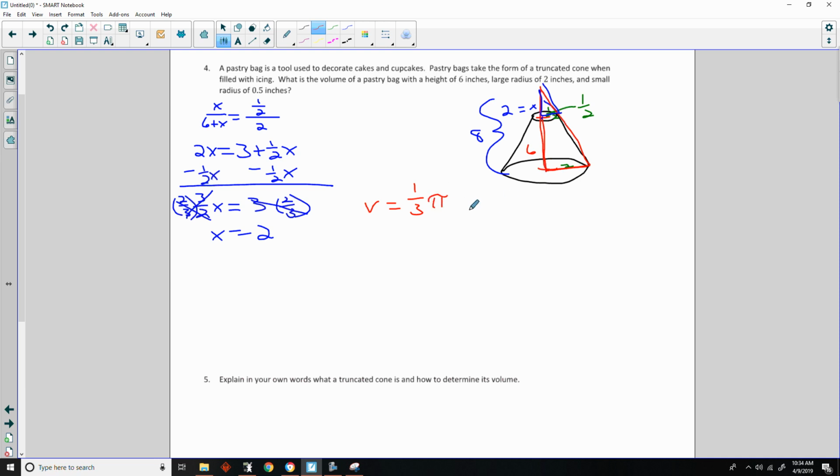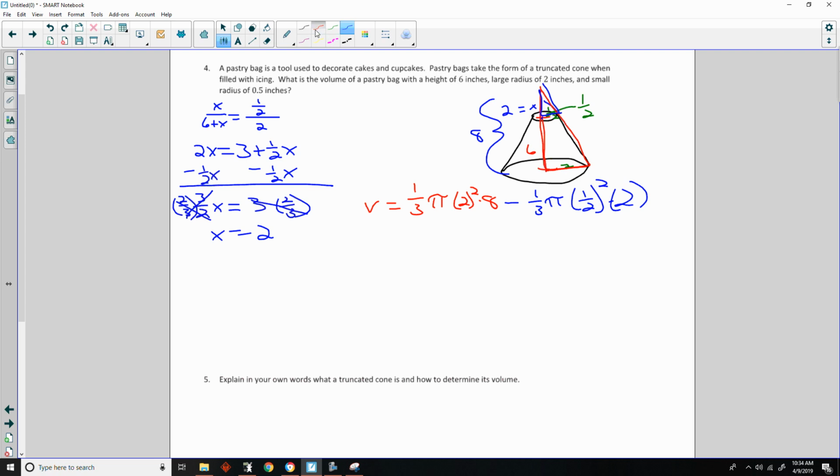And the radius is 2, times the height, which is 8. And we're going to subtract the little area, or volume, which is 1/3 pi, radius of 1/2, squared times the height, which is 2.